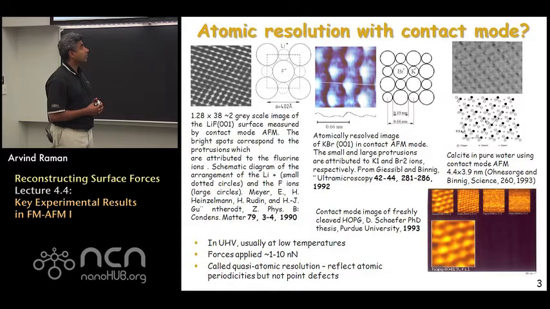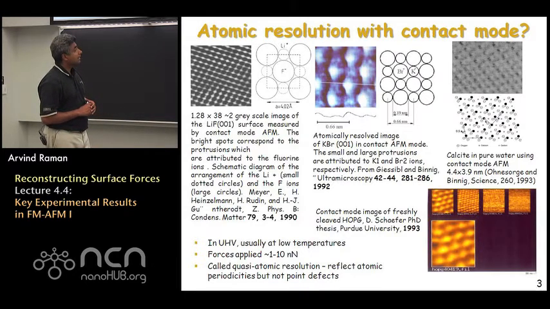This is of a lithium fluoride 001 surface, and the bright spots are protrusions in the topography, which they correlated with a model of the lithium fluoride surface and attributed to the fluorine ions, and the rest would be the lithium ions and so on.